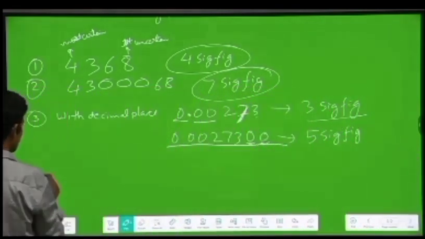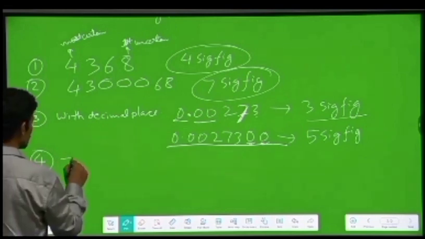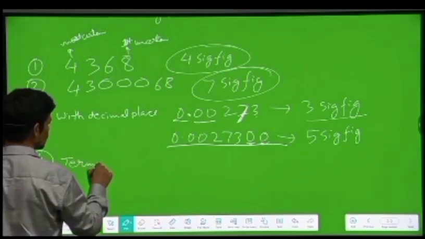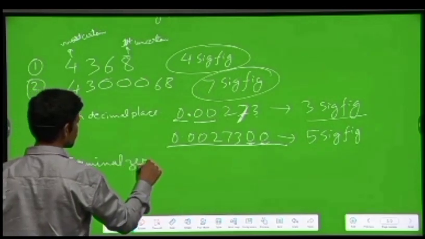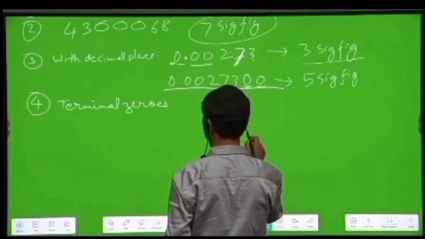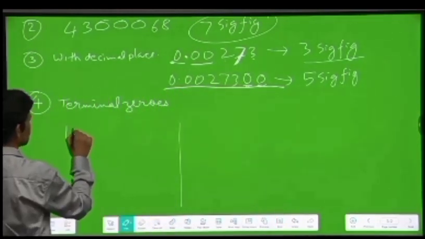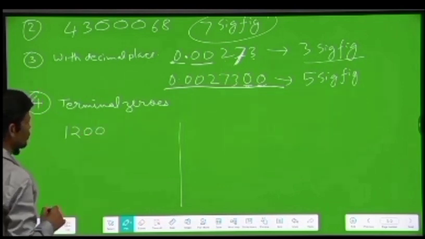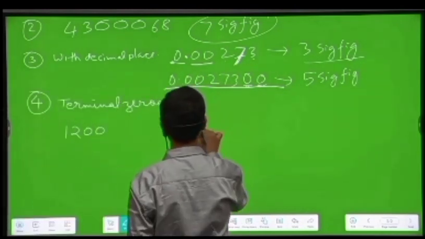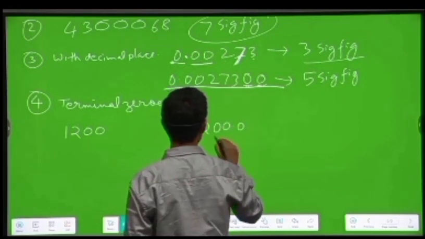Next, the fourth one is a bit tricky. Terminal zeros. Okay. I'm giving you two cases. One is this, and the other one is this.